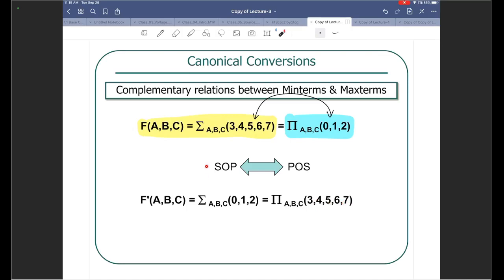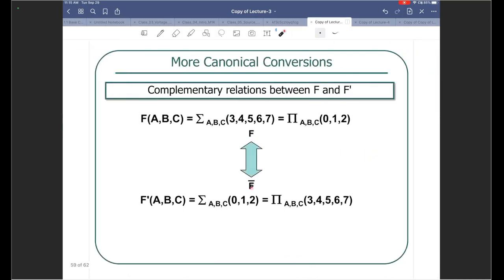And the complementary relationship is not just for SOP and POS. It turns out there is also a complementary relationship between F and F complement. If you just observe the SOP forms for F and F complement, there is a complementary relationship there.